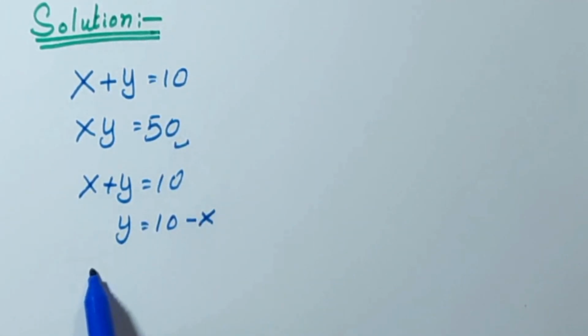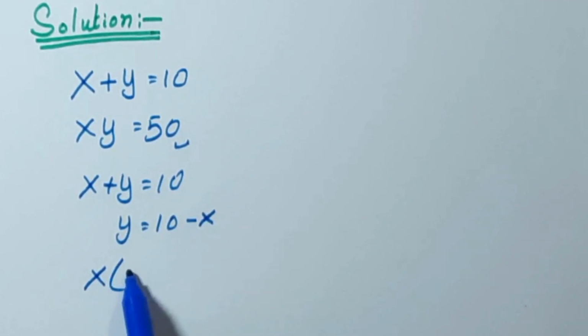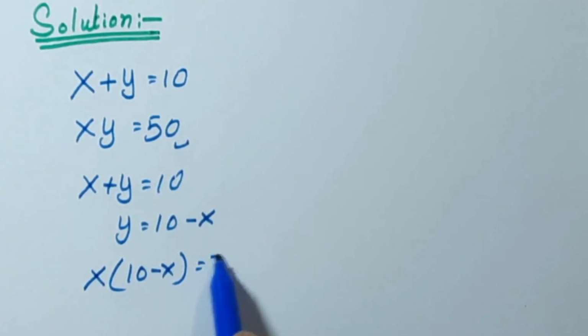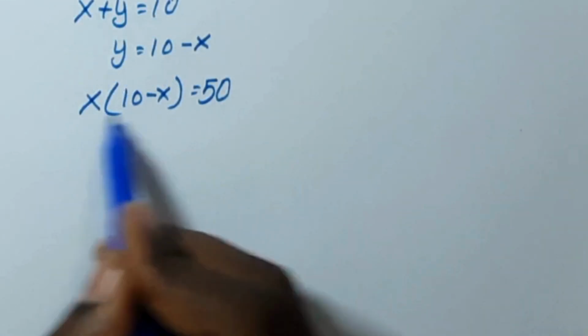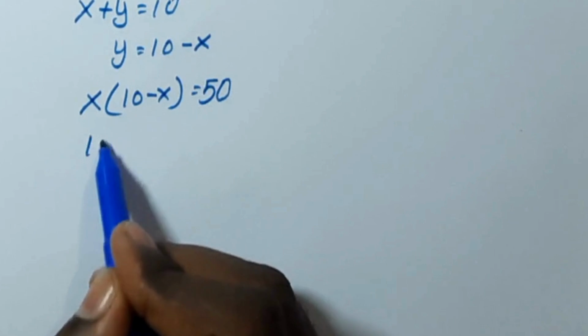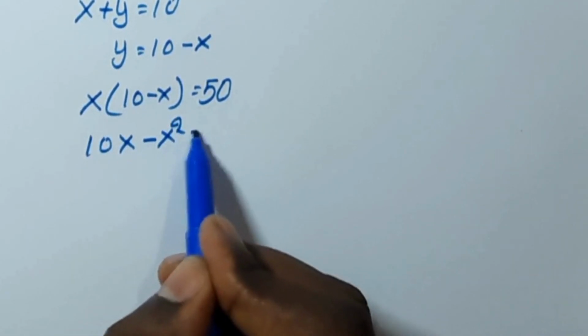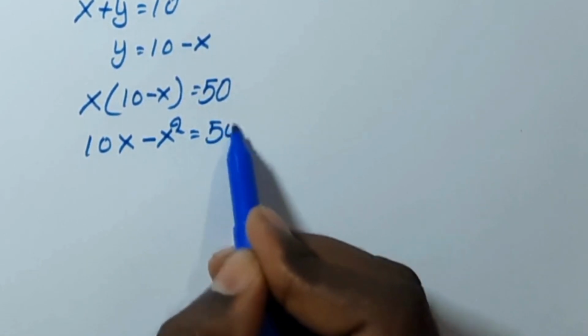So x times (10 minus x) equal to 50. Now multiply this: 10x minus x square equal to 50.